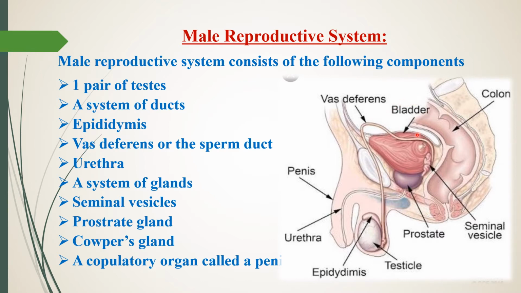This is the bladder, and from this it passes through a duct, and in the duct there are different types of accessory glands in males, like the prostate gland, and this tubular coiled structure is the seminal vesicle, and from this it passes into the urethra and finally comes outside through the penis.